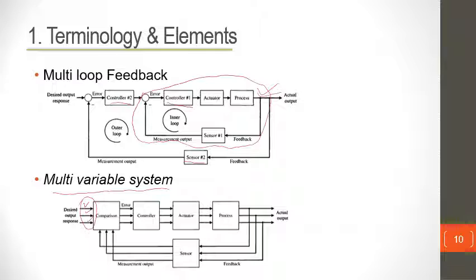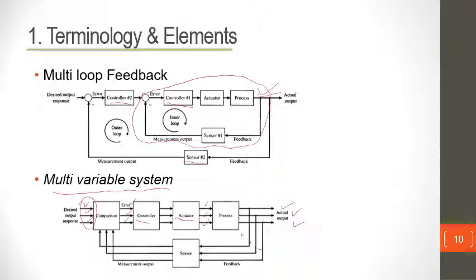you may want to have your output being a desired amount of diesel, desired amount in the fractional distillation, desired amount of petrol, desired amount of kerosene. So you have multiple outputs that you want out of your system, and you are sensing all of them. And at the same time, the controller is able to calculate the error signal from all of them, and it's able to send signals to all the actuators, which also has multiple outputs.